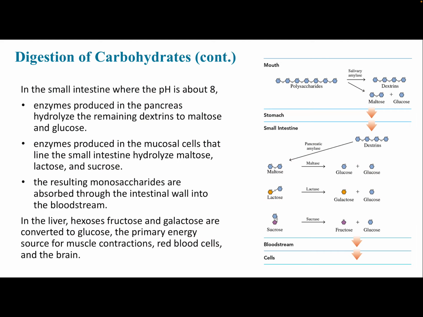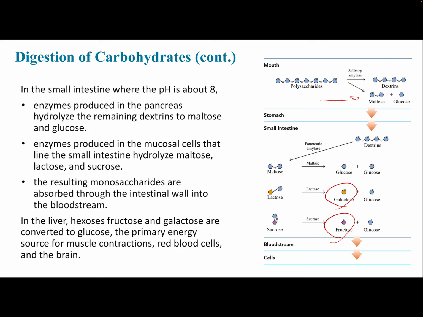Enzymes that are produced in the pancreas will hydrolyze those dextrins additionally, right, into smaller chunks like di and monosaccharides. Enzymes of the mucosal cells in the small intestine will also hydrolyze maltose, lactose, and sucrose. So not just the disaccharide of glucose, but disaccharides that contain other monosaccharides as well, like galactose and fructose.